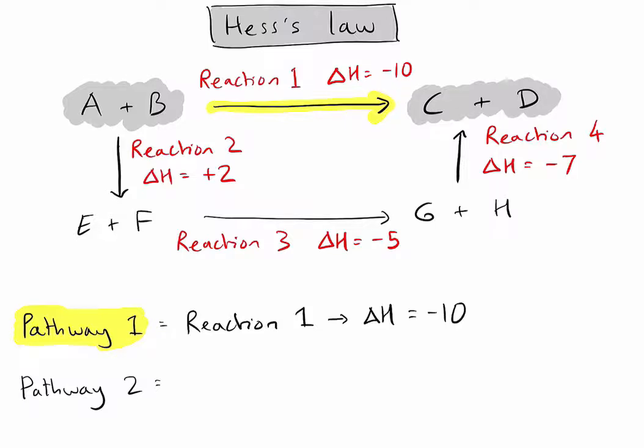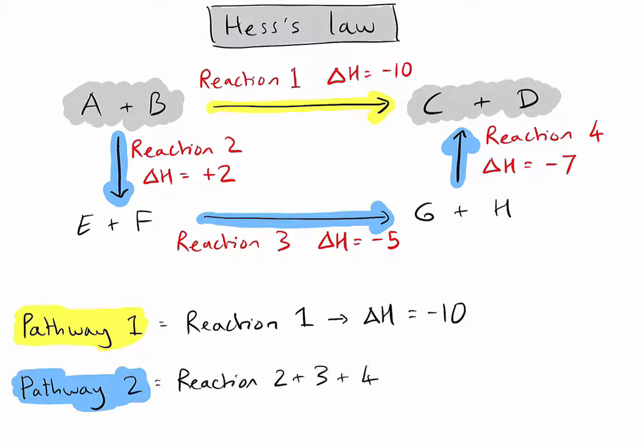The second possible pathway to get from A and B to C and D is to go via reaction 2, then reaction 3, then reaction 4. Let's highlight that in blue. In this case, the total enthalpy change can be calculated by adding together the enthalpy changes in each of those reactions.